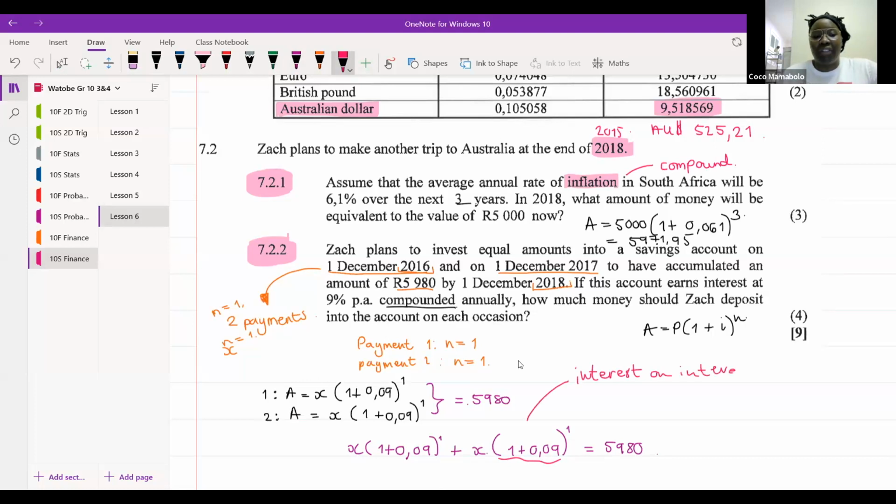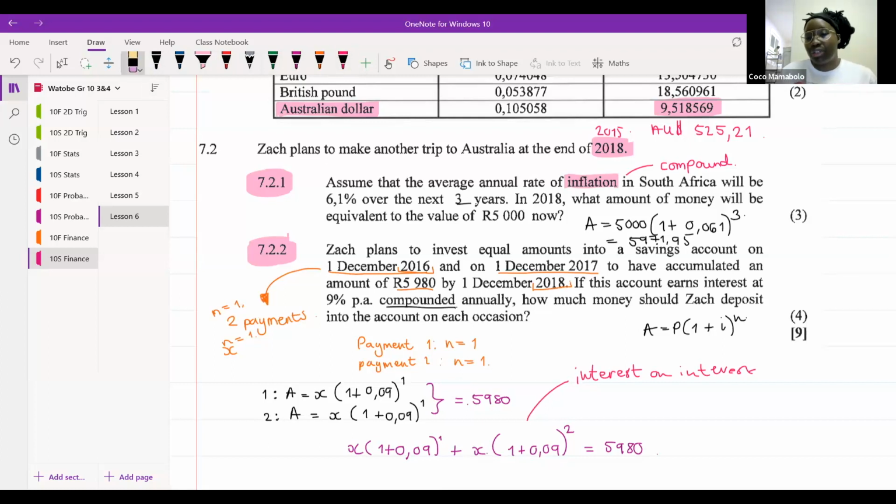One of them needs to have interest on top of the other, right? So this one is not actually going to be the power of 1. It's going to have to be to the power of 2 because the interest is twice as much for the second calculation. Give me a thumbs up if I'm making sense.